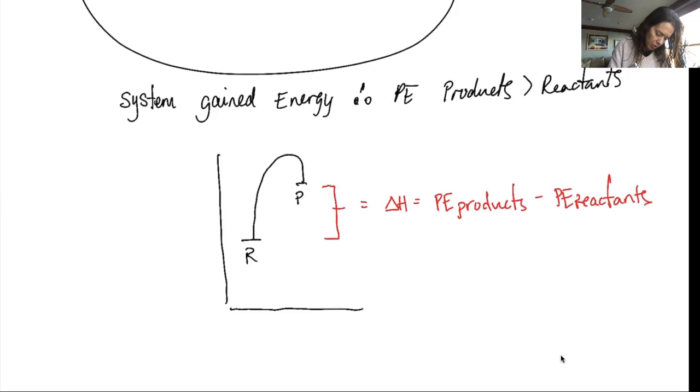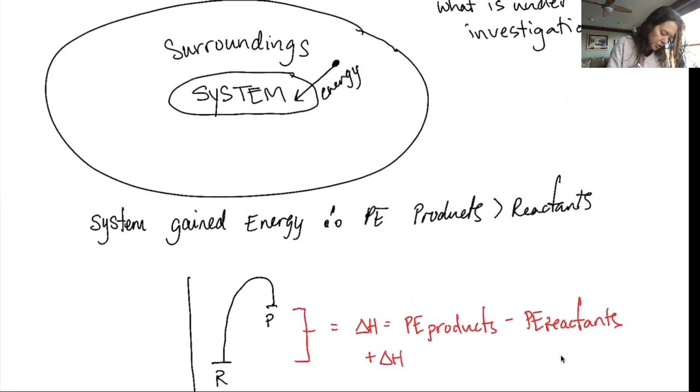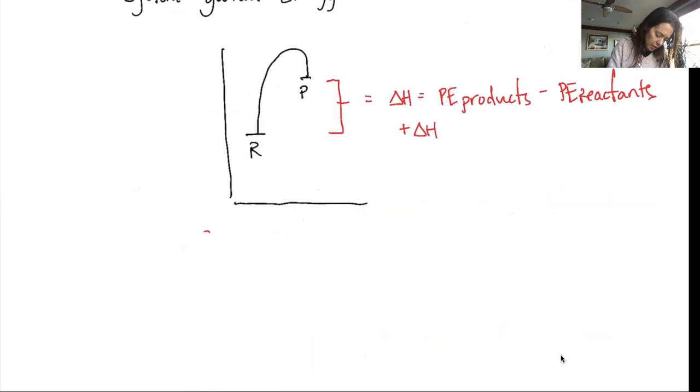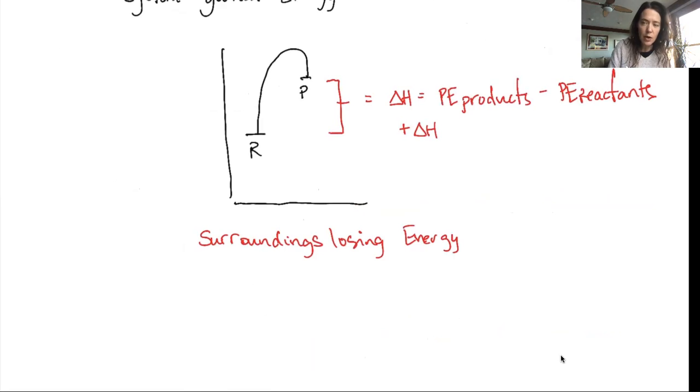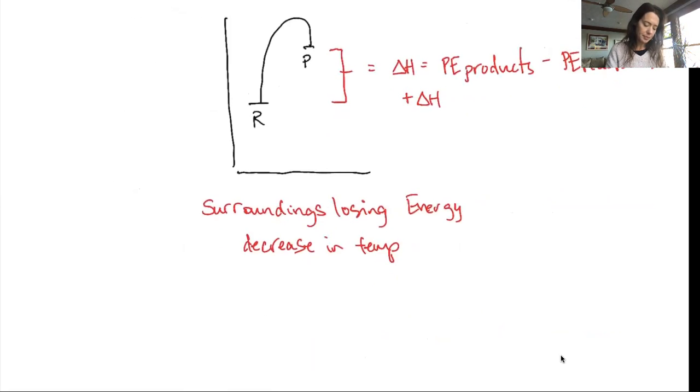And in this case, it will be positive because it's endothermic. Now, if energy is going into the system, the surroundings are losing energy. And how will we experience that? What will we observe? We will observe a decrease in the temperature.